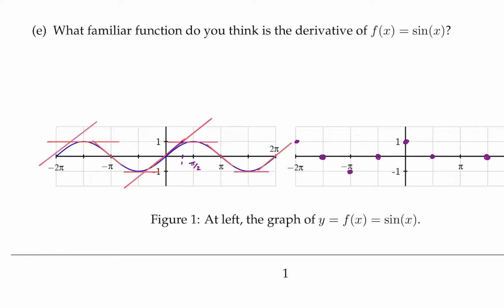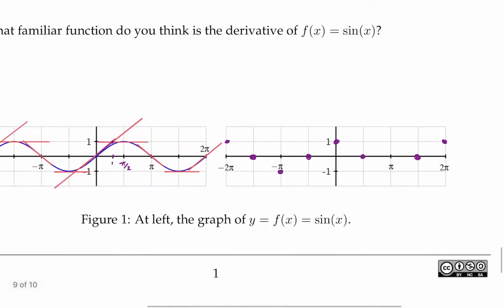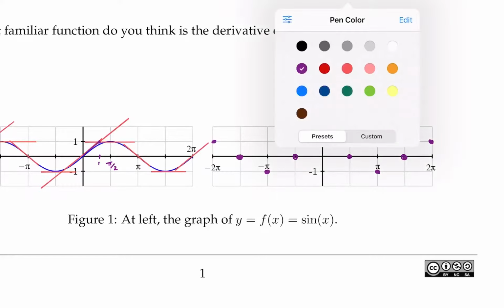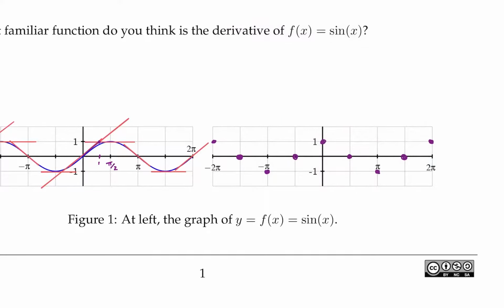If it's perpendicular, when we multiply the slopes, we should get negative 1. So we'll put negative 1 there at negative pi and at pi. And now, if we go to connect these, let's use a different color, and we sort of try to smooth it out, we get that the derivative kind of looks like this, right?